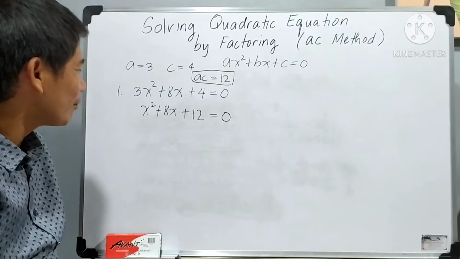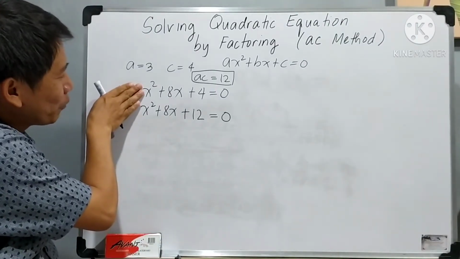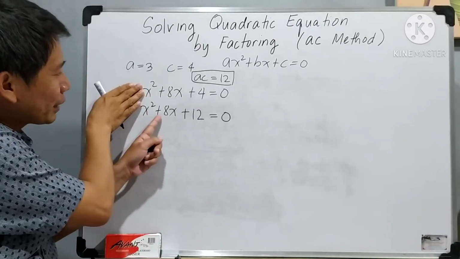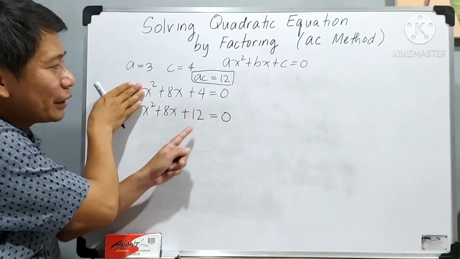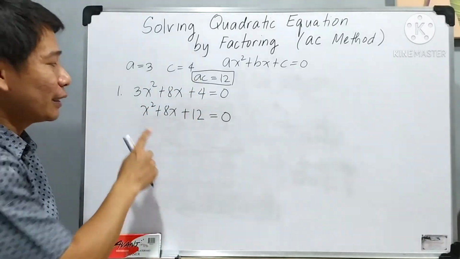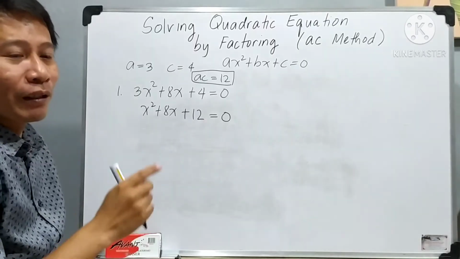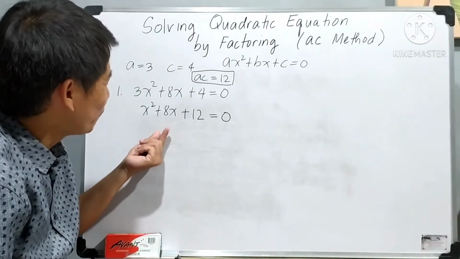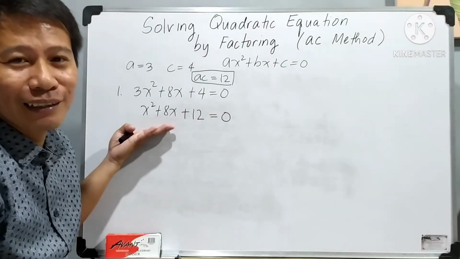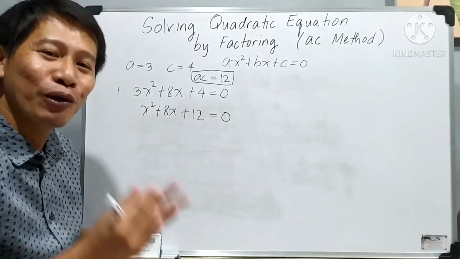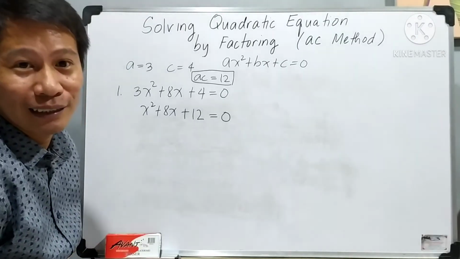Ulitin natin. So, tanggalin muna si A. So, magiging x squared plus 8x plus, ang ilalagay sa dulo is AC, which is 3 times 4. And that is 12. Ngayon, kung mapapansin ninyo, yung ating left side na quadratic trinomial ay naging simple quadratic trinomial na lang. Kagaya ng example natin kanina.